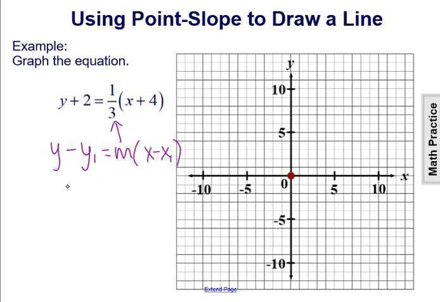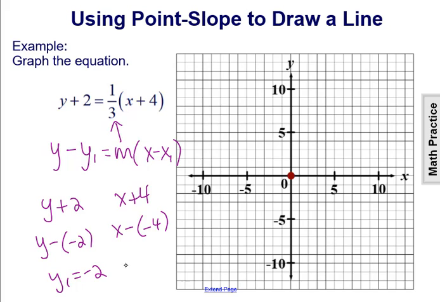Because of the subtraction in the formula, you want to think that y plus 2 is really y minus a negative 2, and the value of y1 is going to be negative 2, the opposite of the 2 that you see. Same thing with x1. If you have x plus 4, that's really x minus negative 4, so x1 really is negative 4. It's the opposite of that positive 4 you see.